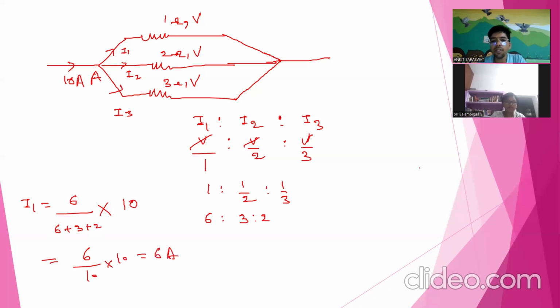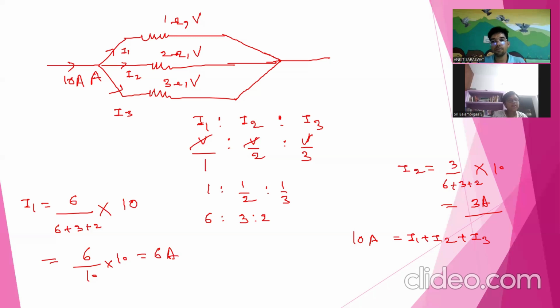In a similar way, what is I2? 3 by total part, 6 plus 3 plus 2, into 10. How much? 3 ampere. Now, after knowing this, no need to solve I3. Why? Because we know the relation: 10 ampere will be equal to I1 plus I2 plus I3. Clear?